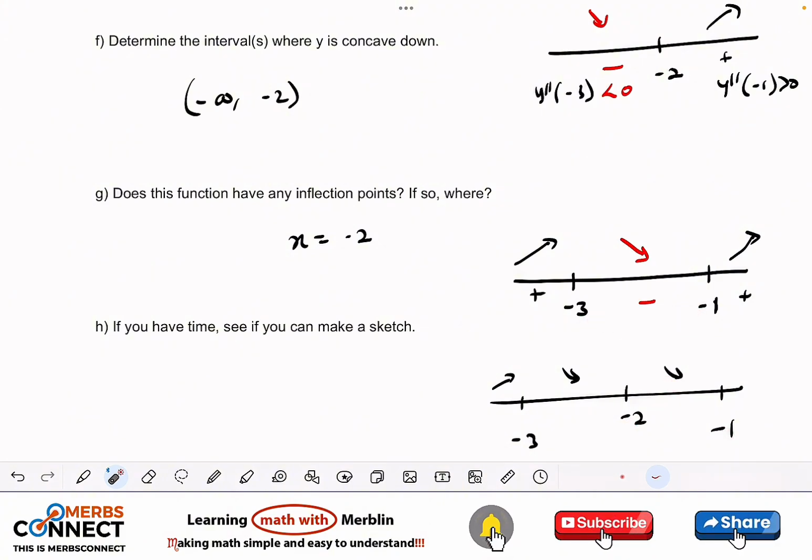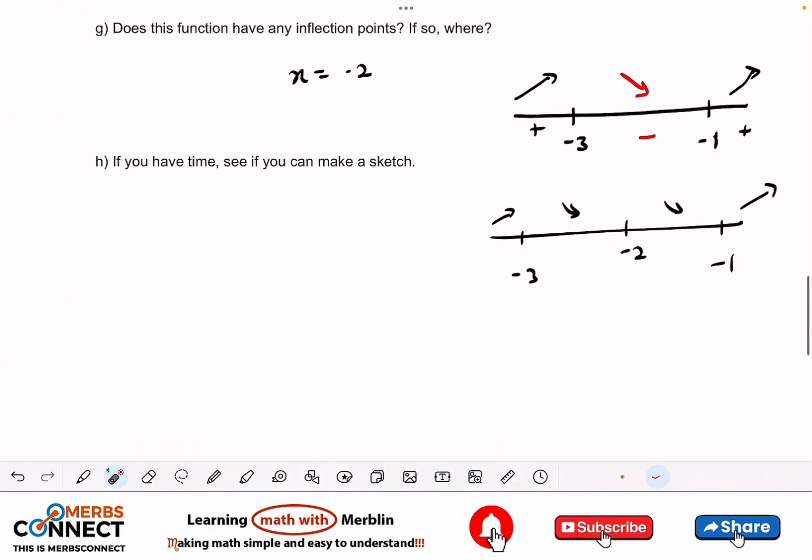Then from -1, this is increasing. So we are going to have something like this. That is what we are going to get, because from here we saw that this is kind of like increasing, and this is decreasing. So we can sketch something like this, which is very nice.